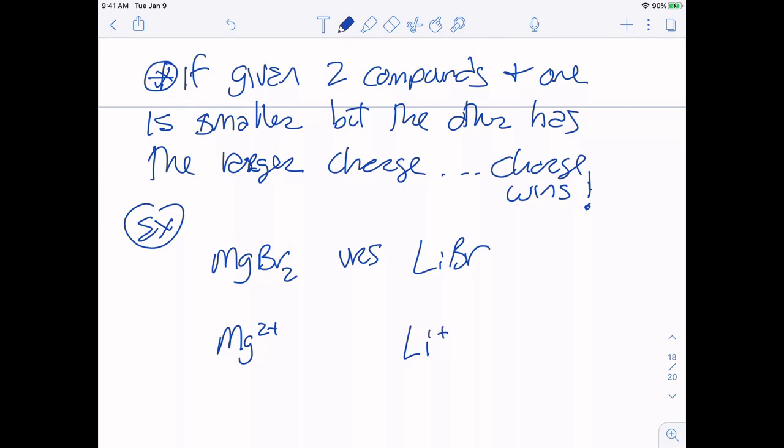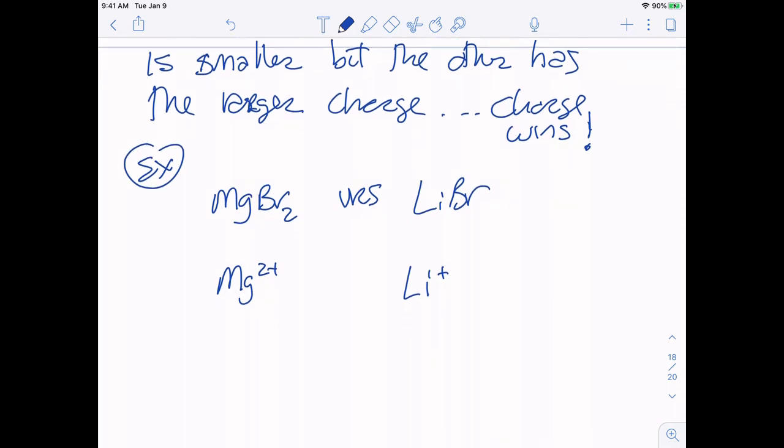Lithium, however, its outermost shell is n = 2, right? It only has electrons in the second energy level. Well, it has them in the first 2, but its highest is the second. And then magnesium is in our third energy level. So it's actually bigger than lithium, but it has the larger charge. Magnesium bromide is going to have the larger lattice energy.